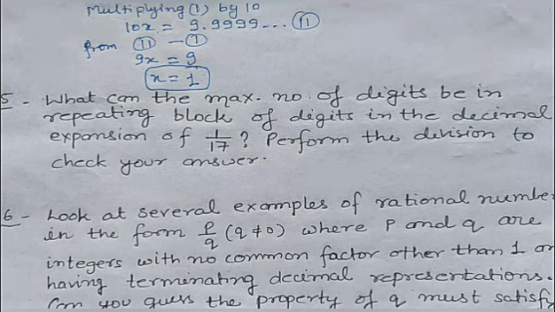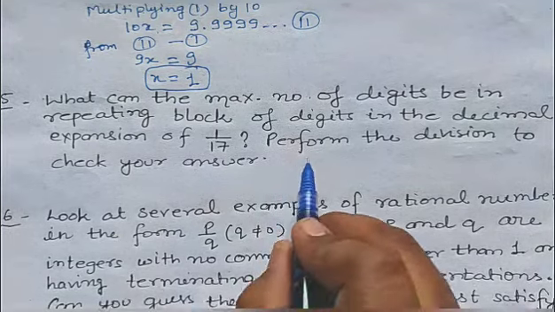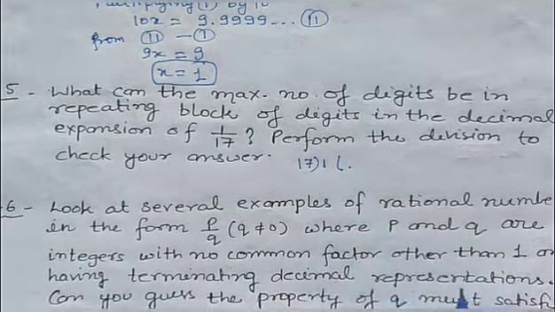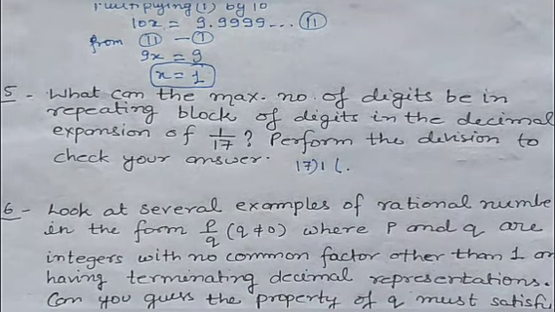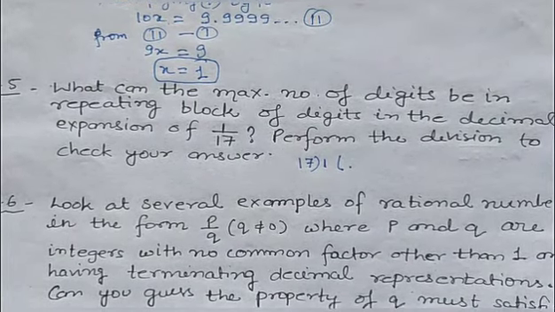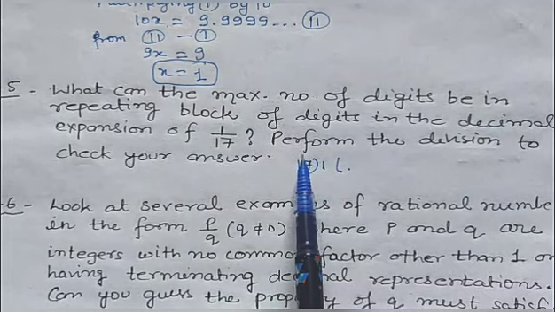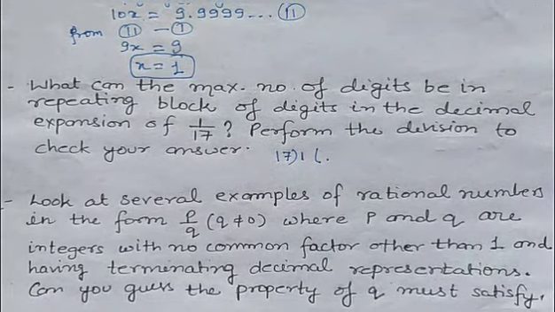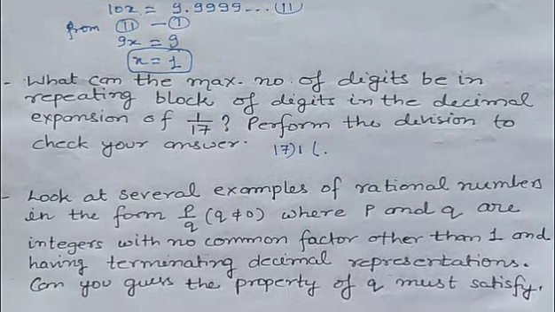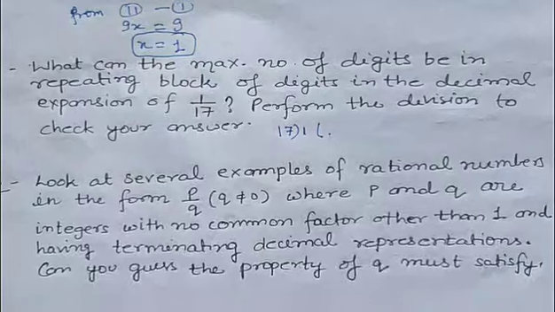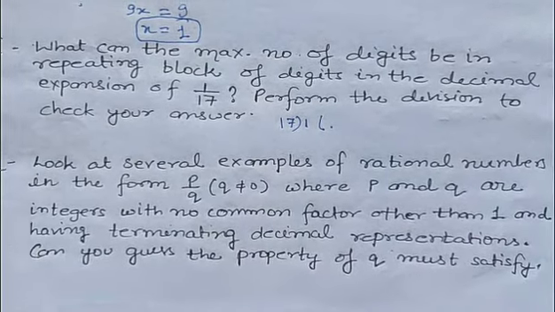Here also you have to divide 1 by 17, and after that you have to check how many repeating blocks are there. Okay, you have to show the division also, because in this question it is clearly written to perform the division to check your answer. So you have to divide it and then you will see how many repeating blocks there are.